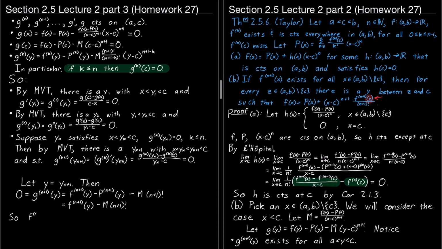Then rearranging things, the n plus 1th derivative of f evaluated at y is m times n plus 1 factorial. And remember what m was: f of x minus p of x over x minus c to the n plus 1. Sorry, f of x minus p of x.